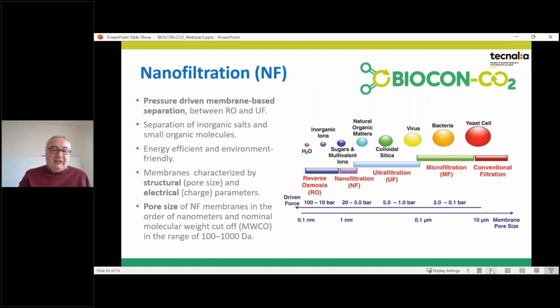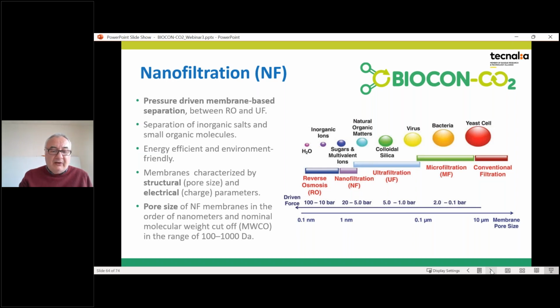Nanofiltration is a pressure-driven membrane-based separation technique where the pore sizes of membranes are between those of reverse osmosis and ultrafiltration. It is suitable for the separation of inorganic salts and small organic molecules. Nanofiltration is considered as an energy efficient and environment-friendly technology.